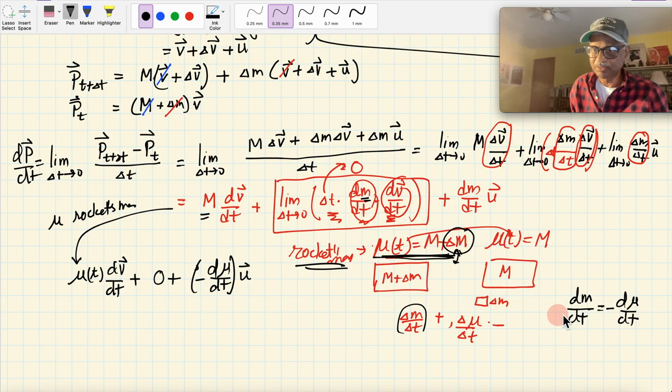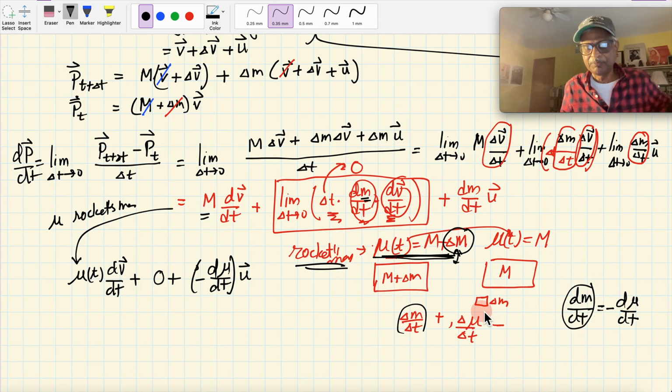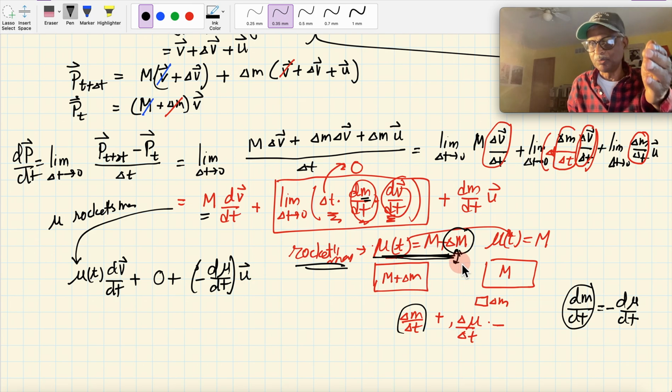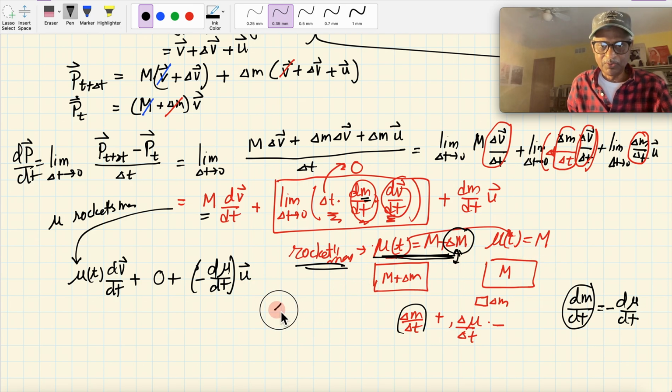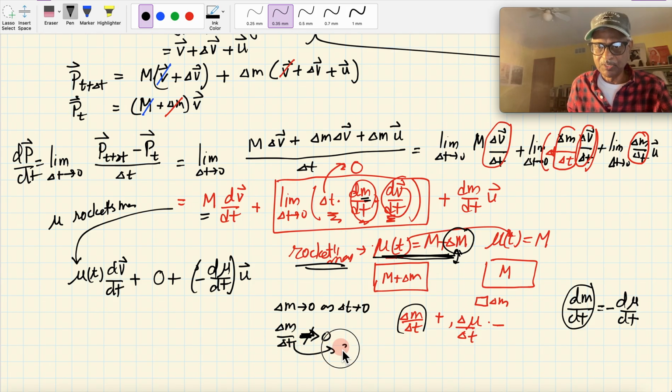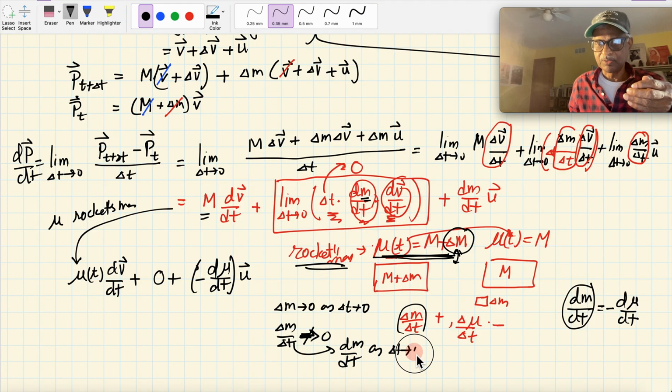What has meaning is dm over dt. Delta m goes to 0 as delta t goes to 0, but delta m over delta t does not go to 0. It goes to dm/dt, the rate at which the mass is dropping as delta t goes to 0.